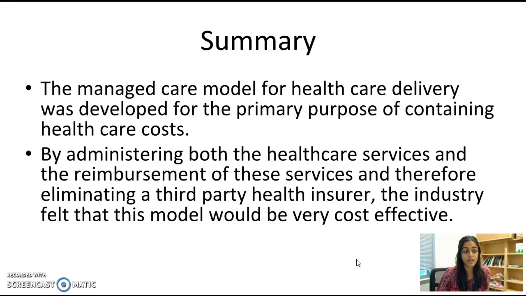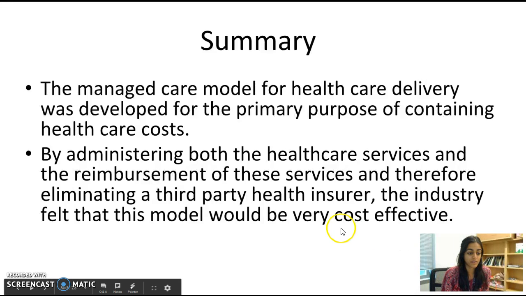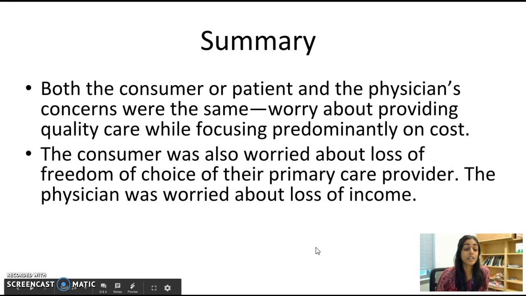The managed care model also focuses on cost containment by administering both the healthcare services and the reimbursement of these services, and therefore eliminating a third-party health insurer. The industry felt that this model would be very cost effective. Both the consumer or patient and the physician's concerns were the same: worry about providing quality care while focusing predominantly on cost.